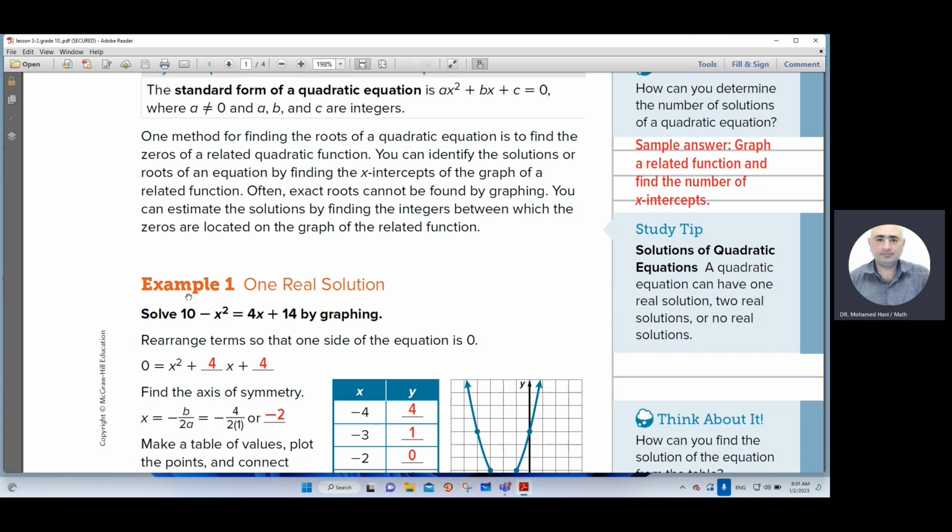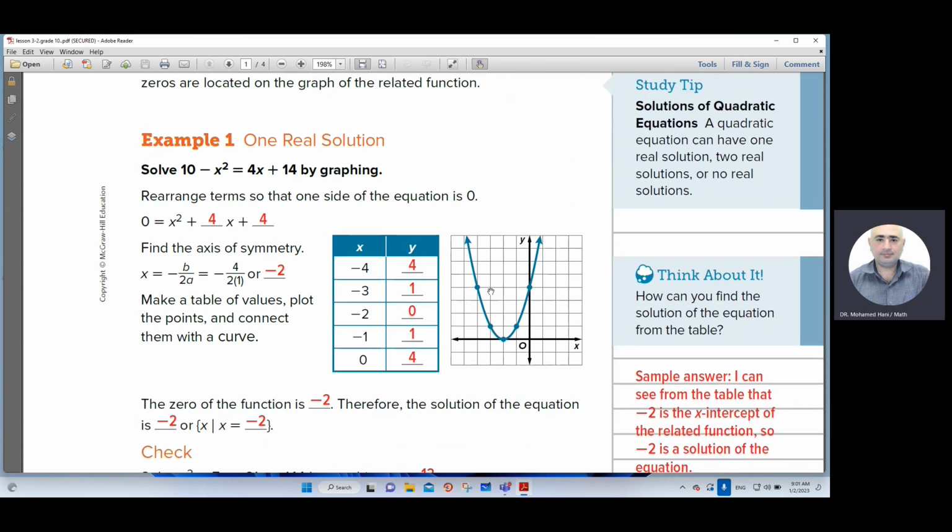And always remember, when you move any term from side to side in the equation, switch the sign of this term. We will get x squared plus 4x plus 4 equal 0.